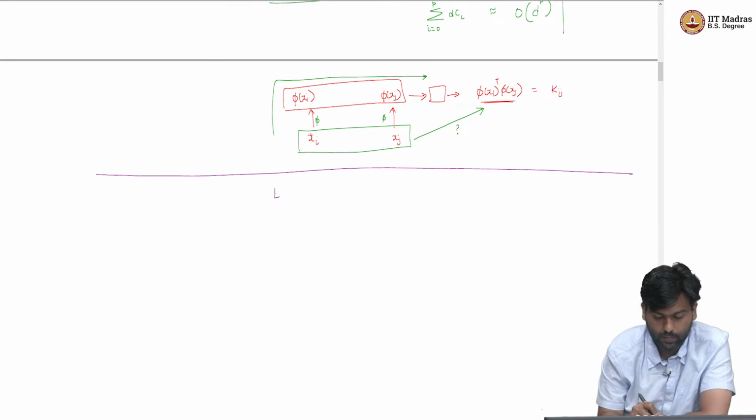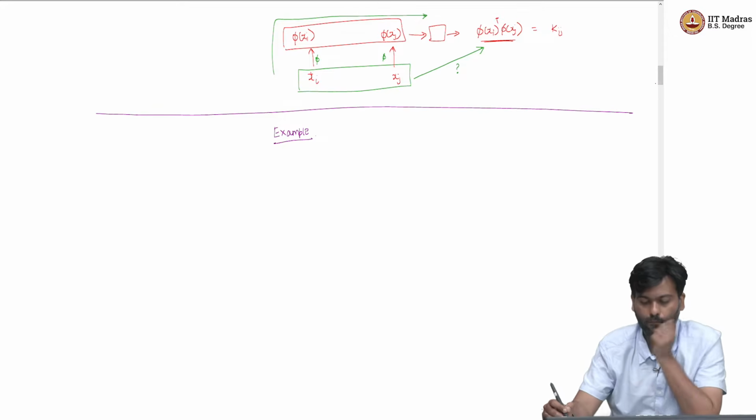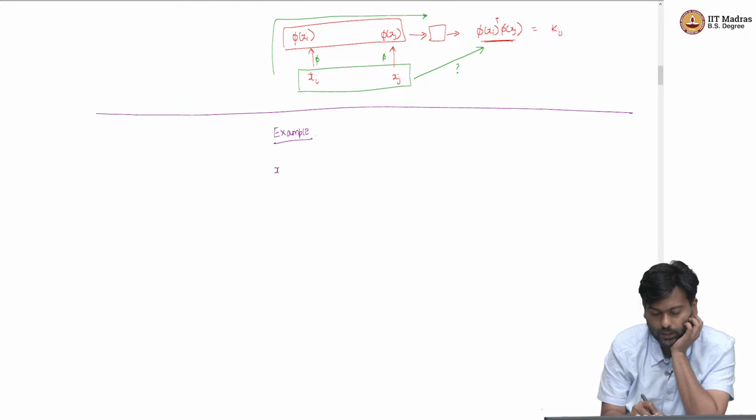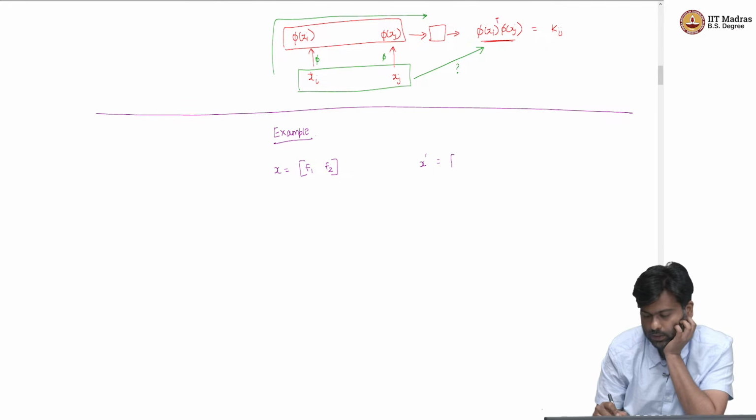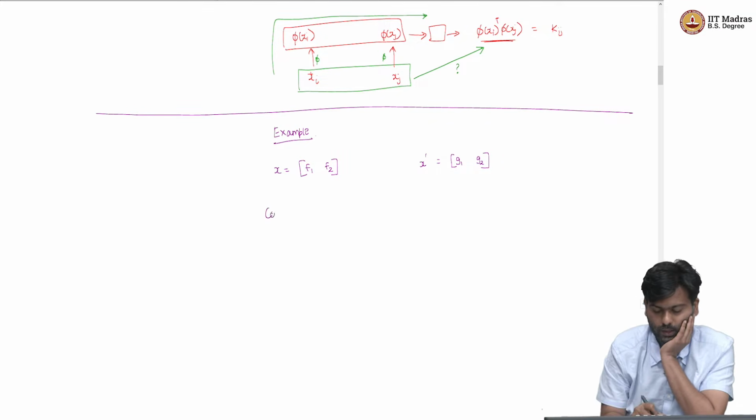So let's take an example. Okay, so here is an example. Let's say x is (f1, f2), and x prime is (g1, g2). Now let's consider this function.